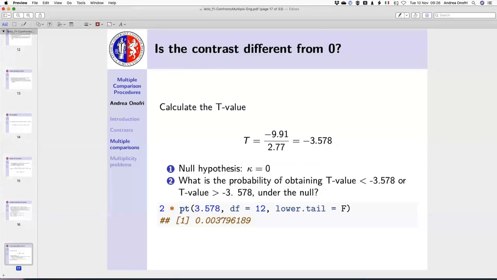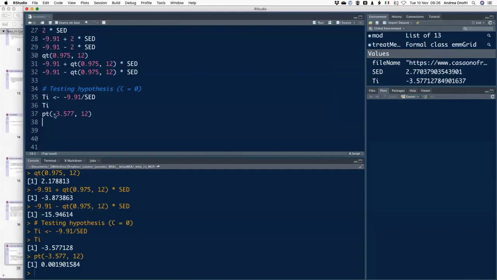But that's not enough, because we need to add the probability that we obtain 3.58 upwards. So lower tail equal false.